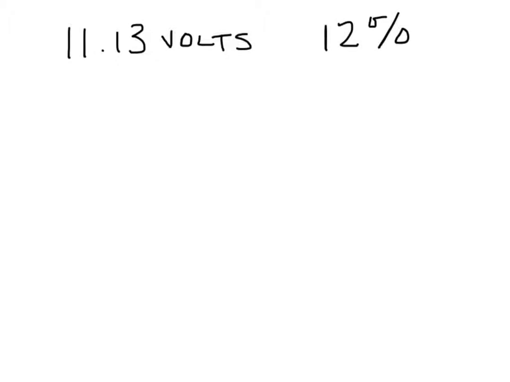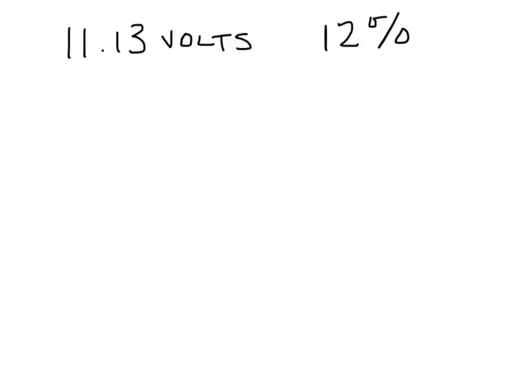Here we found that we need 11.13 volts and we have a 12% tolerance, meaning at 12% less than 11.13 volts, our light bulb will not light. And at 12% more than 11.13 volts, our light bulb will burst.